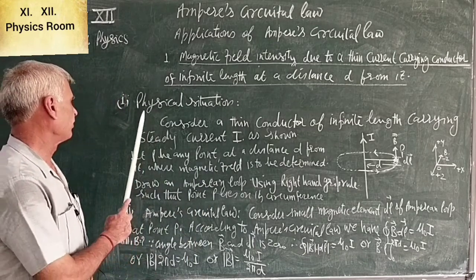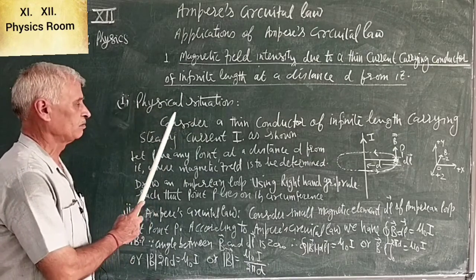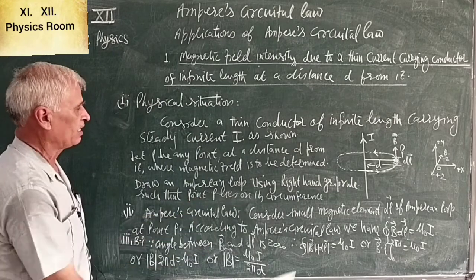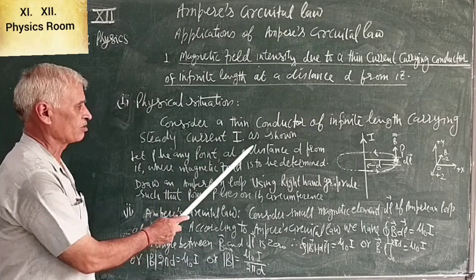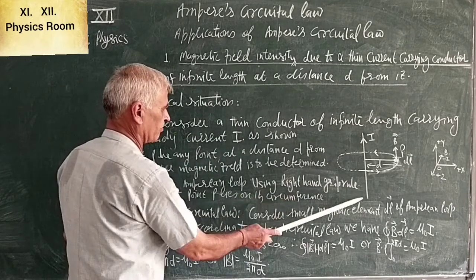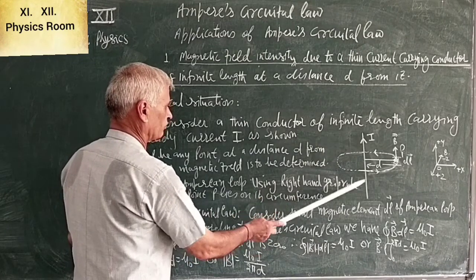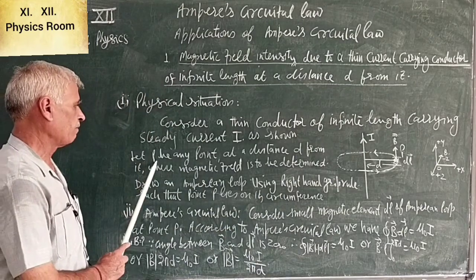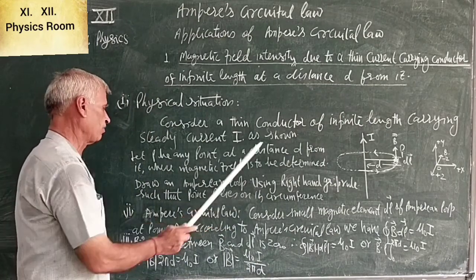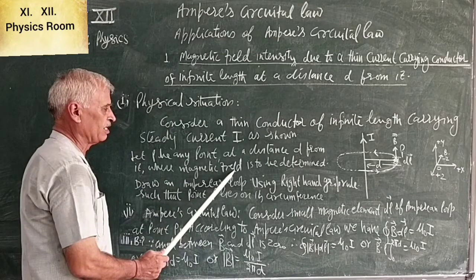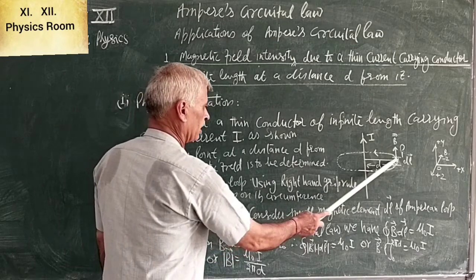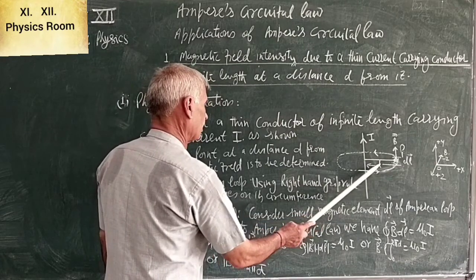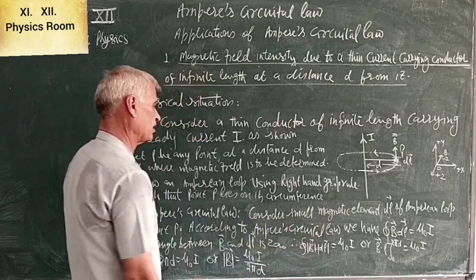Now let us develop a physical situation. First point, physical situation. Consider a thin conductor of infinite length carrying steady current I as shown. Let P be any point at a distance d from the conductor where magnetic field intensity is to be determined.